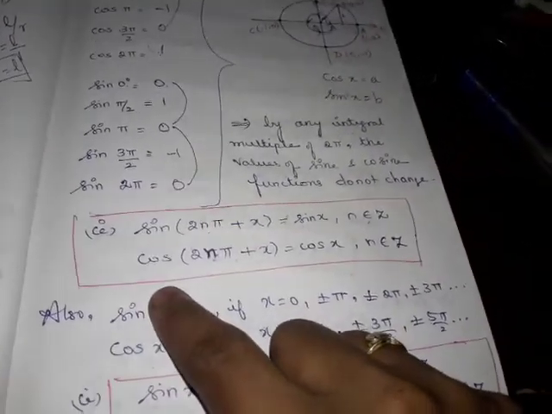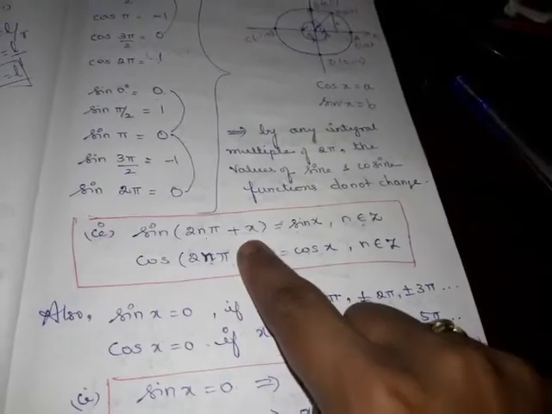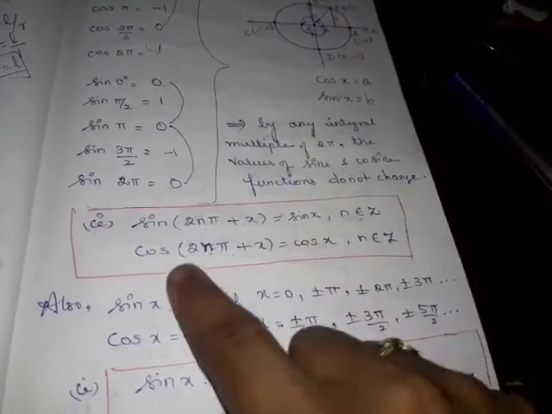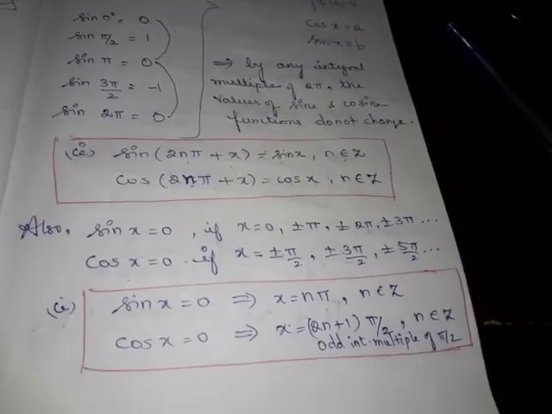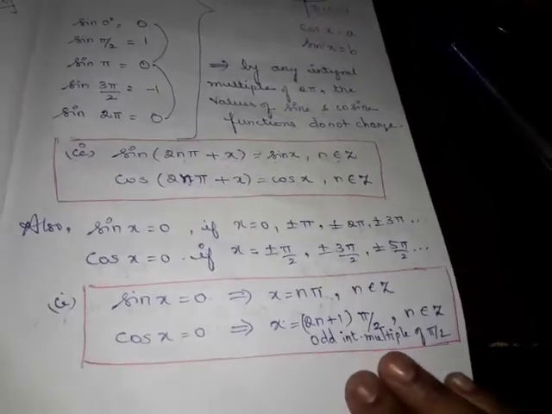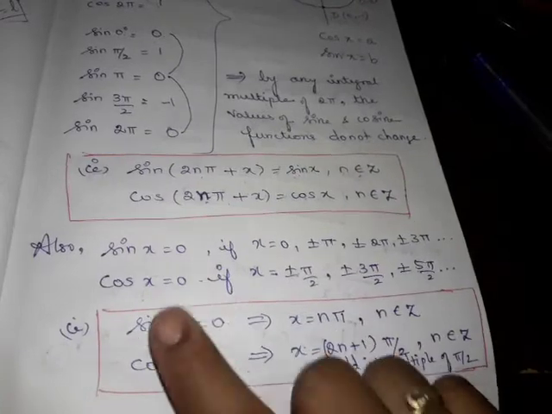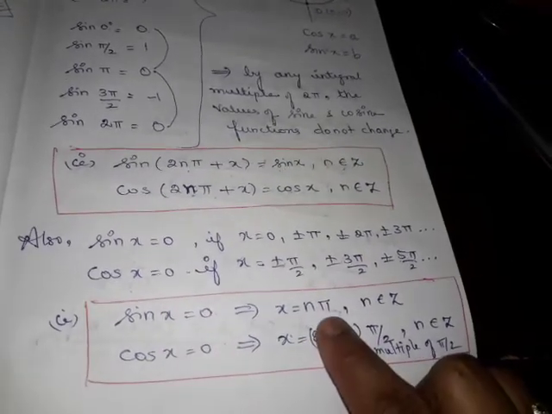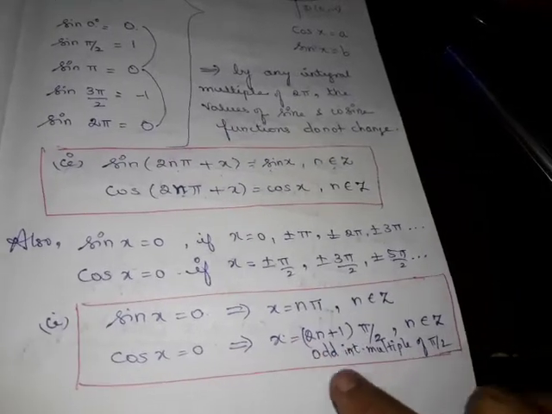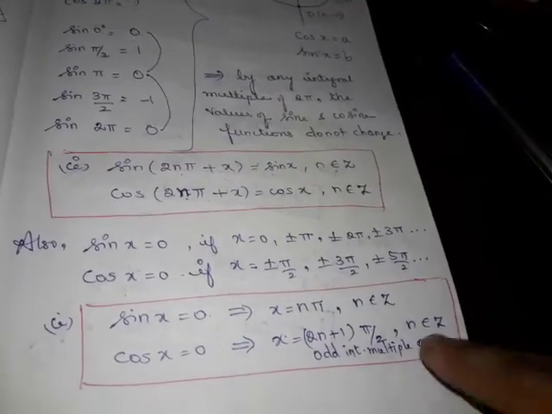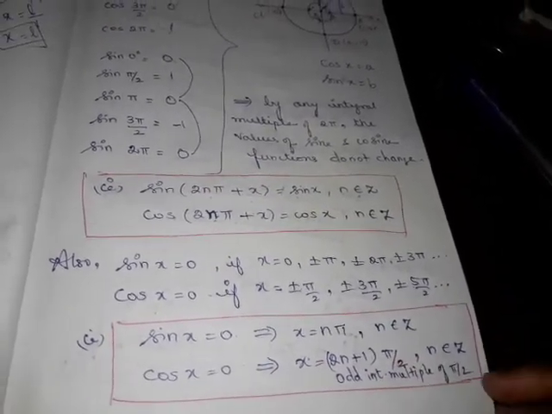Thus we have stated it as sine of 2n pi plus x equals sin x and cos of 2n pi plus x equals cos x. Similarly, we arrived at another conclusion which says sine value becomes 0 during any integral multiple of pi, and cos value will become 0 during any odd integral multiple of pi by 2.